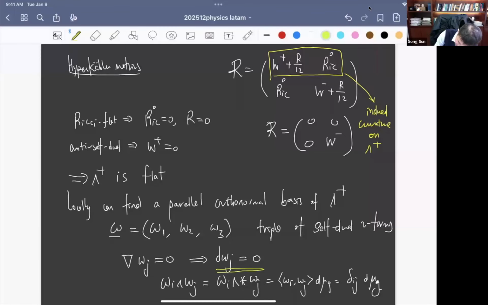Each of them is closed, and the wedge products give you an identity matrix. Such a triple is called a hyperkähler triple.